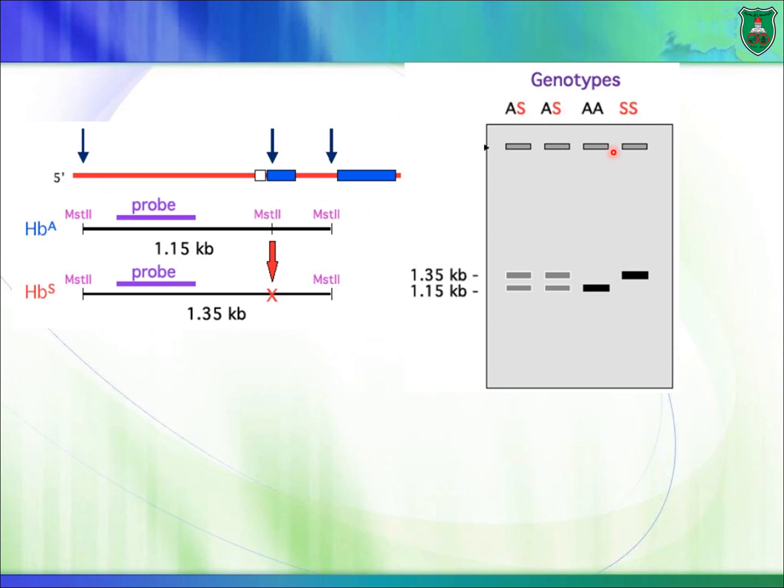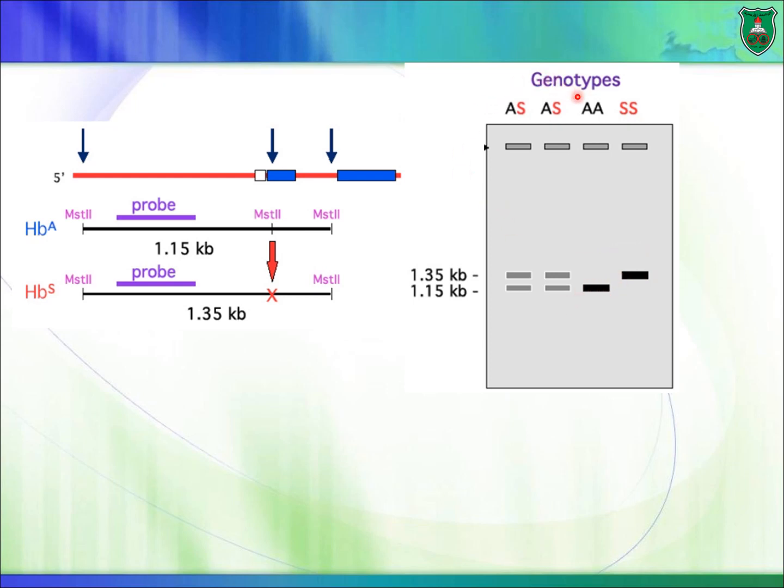Now, if a person is having mutation on both alleles, on both chromosomes, then the endonuclease would not be able to cut here. It would make a cut right there and right here, but not right here in the middle. And the probe would recognize the sequence that is 1.35 kilobases long. Okay, so it runs slower than 1.15.